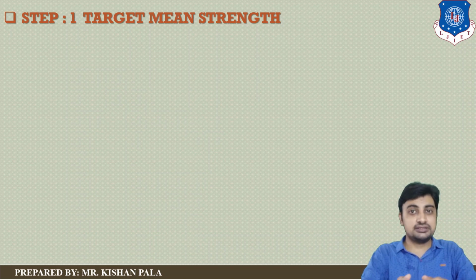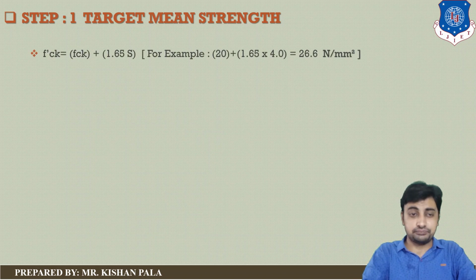These factors will differ between the laboratory and the existing site. So before starting the mix design, you have to first finalize for which grade of concrete you want to design, and then finalize the target mean strength. So let us discuss the first step, which is target mean strength.